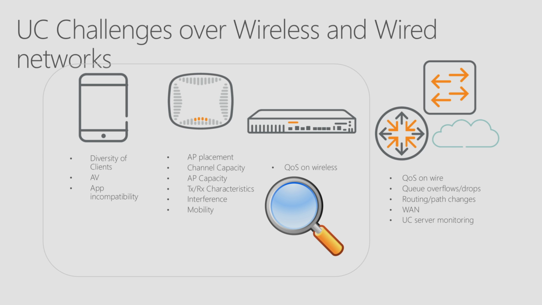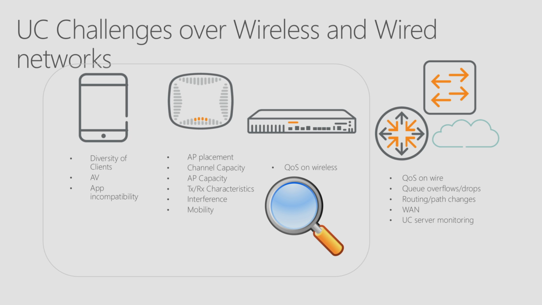It's not enough to do things right on the wireless side. Once it goes to the wired network, we need to make sure the quality of service is still honored on the wired side as well. For example, if you have an MPLS network, the MPLS provider should make sure that quality of service is maintained there as well. Finally, there is also some overhead with routing and switching on the wired side.